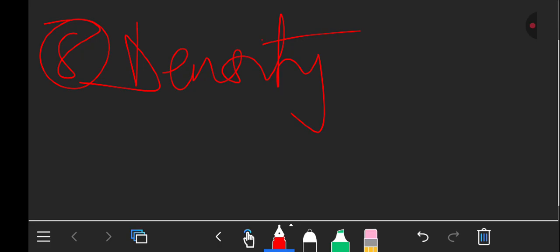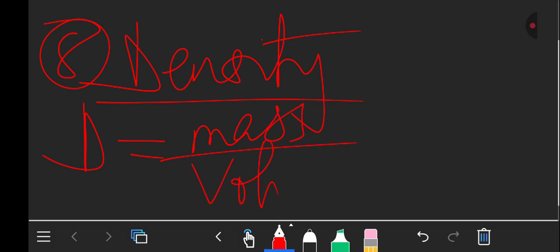Okay, so let's look at another property which we are calling property number 8. Let's look at density. What is density? We say density is simply mass of a substance over the volume. Okay?